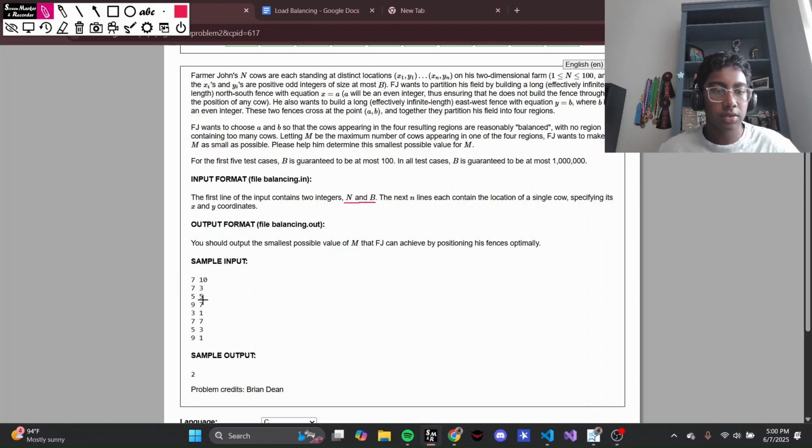We can observe this sample input. Let's say we have an x and y graph. Our first cow is at 7, 3. It doesn't have to be exact; I could space them out further since there are not that many points.